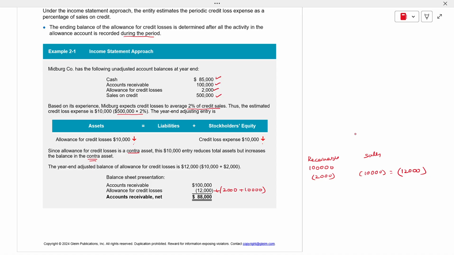Means they are saying that they expect the credit losses to average 2% of the credit sales. On the current year sales, they are expecting 10,000. The previous 2,000 plus the current year, so the total credit losses come to 12,000. Are you clear about this?